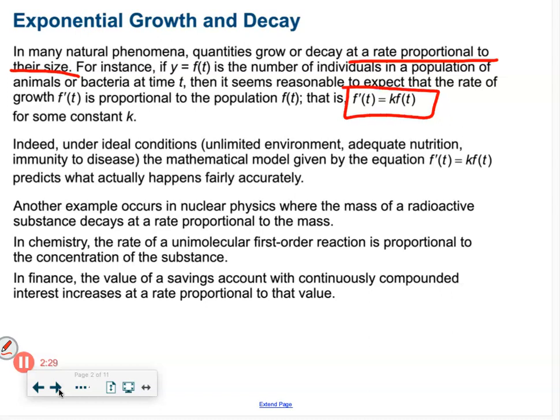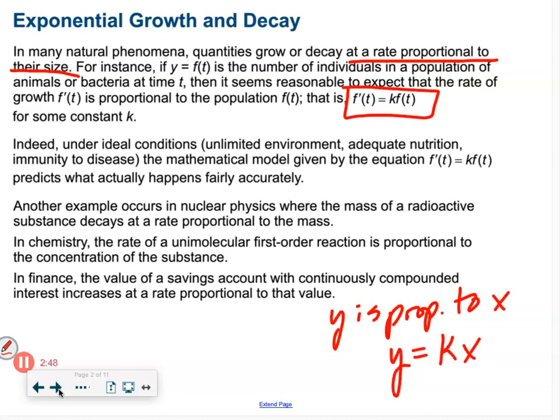So your f prime is equal to, do you guys know when you say something is proportional to, it means equals k times, where k is a scalar multiple? So if y is proportional to x, that means y equals kx. K is called the constant of proportionality.